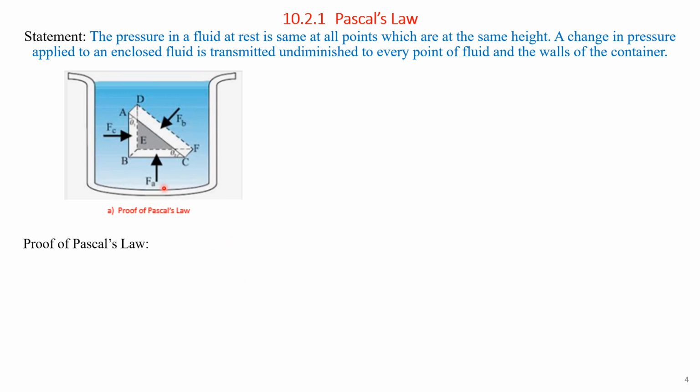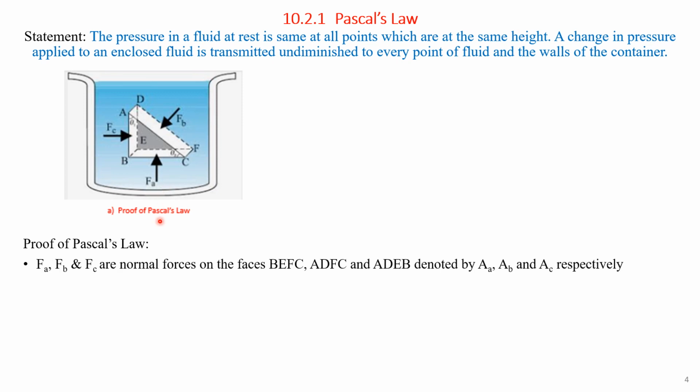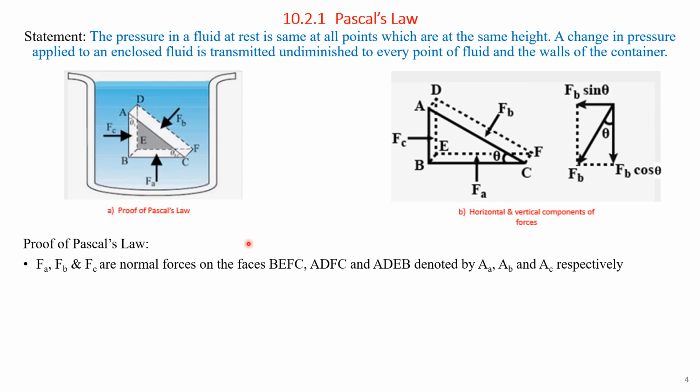The forces FA, FB and FC are normal forces acting on surfaces BEFC, ADFC and ADEB, which have areas denoted by AA, AB and AC respectively.